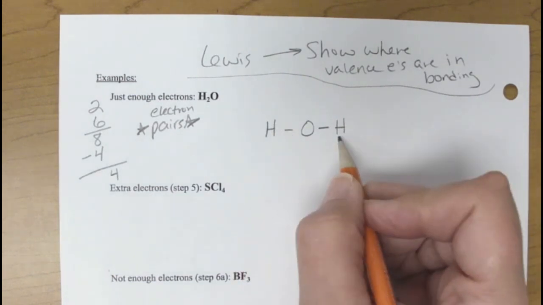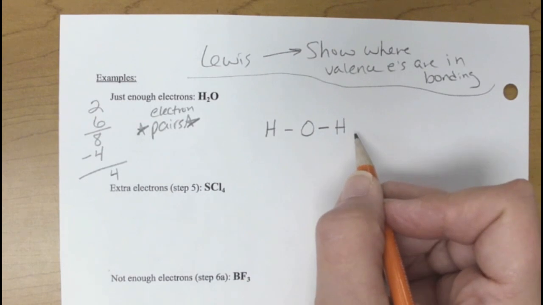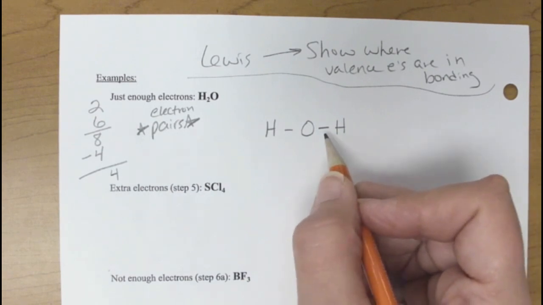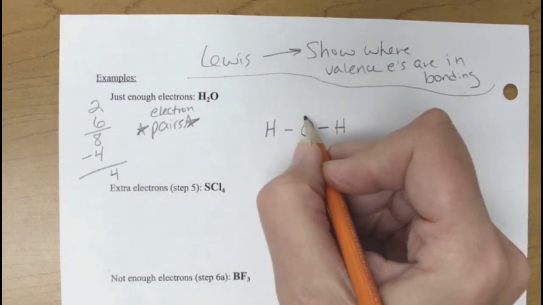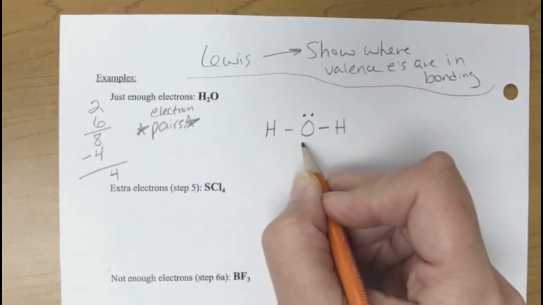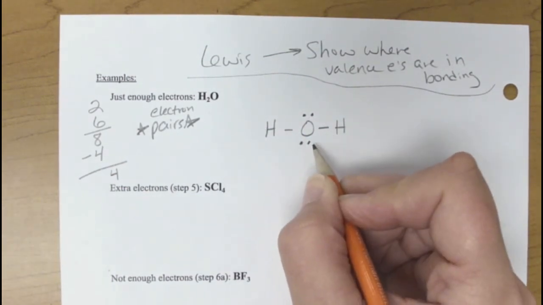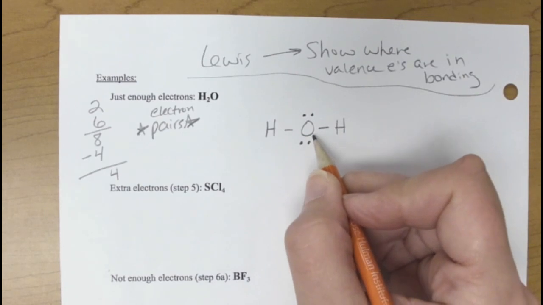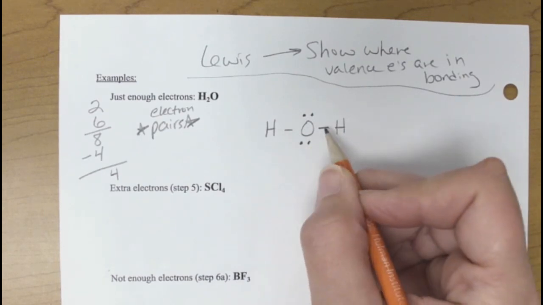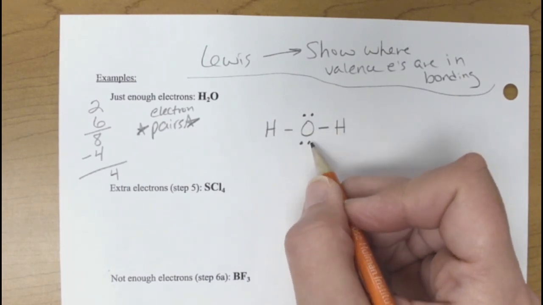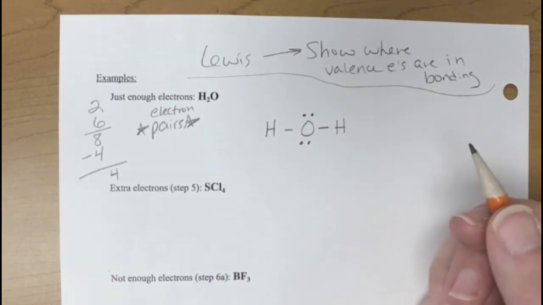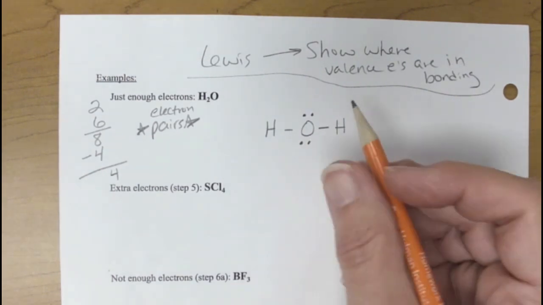So hydrogen's happy, hydrogen's happy, and so we don't add any lone pairs here. We're working our way in. We have 4 left, so we have 2 lone pairs that we'll put on oxygen, which is good because that's going to make oxygen happy. It has 1, 2, 3, 4, 5, 6, 7, 8 valence electrons on it, and so it's happy.